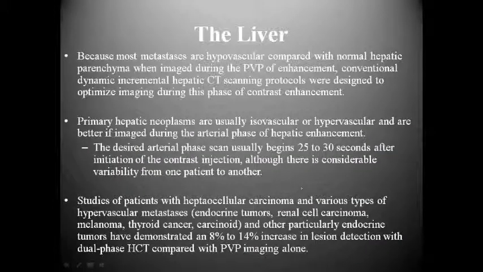Because most metastases are hypovascular, and it's important that we understand what hypovascular means. It means low blood supply is typically what we're seeing. Hypo means low, vascular means basically blood supply, so low blood supply.